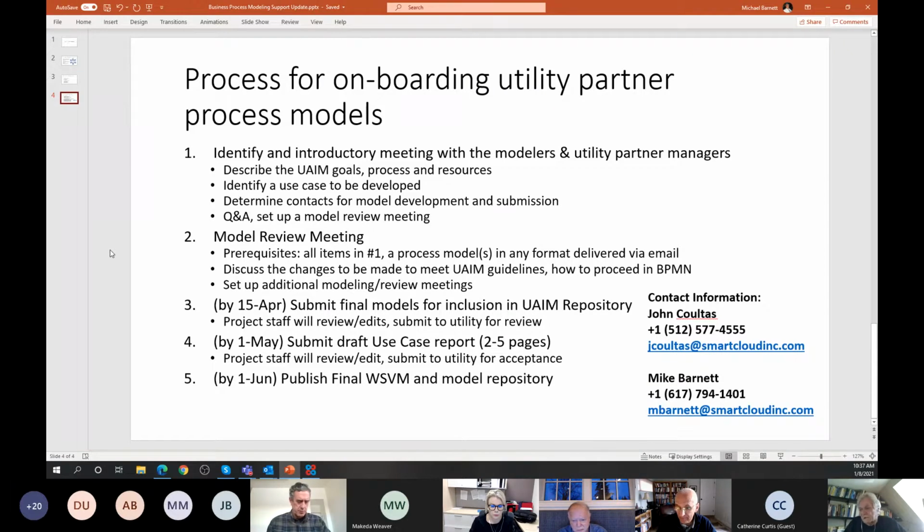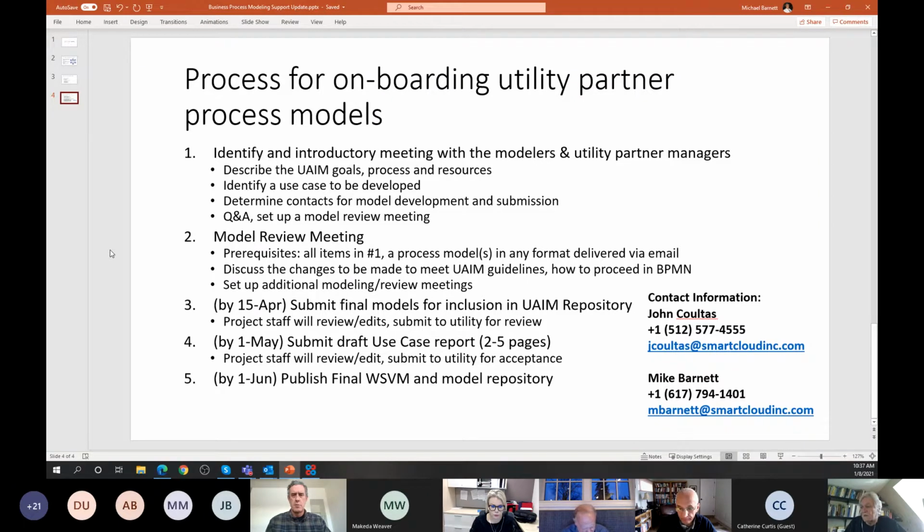The first one, April timeframe, submitting the models that we want to include in the repository. Cello and Scott and I and others may take a look at these models, make sure they're what we need for the repository, and we might bounce back some edits that you can review.